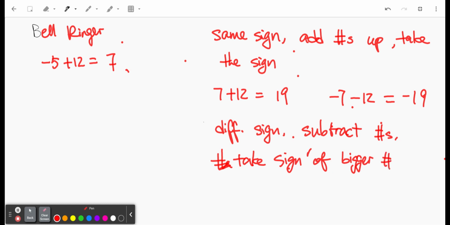So in this question, -5 plus 12, we have negative and positive. That means we have different signs, right? So, Layden, what do we need to do?